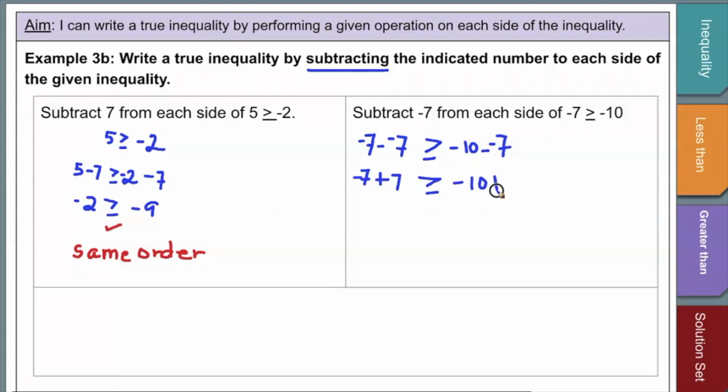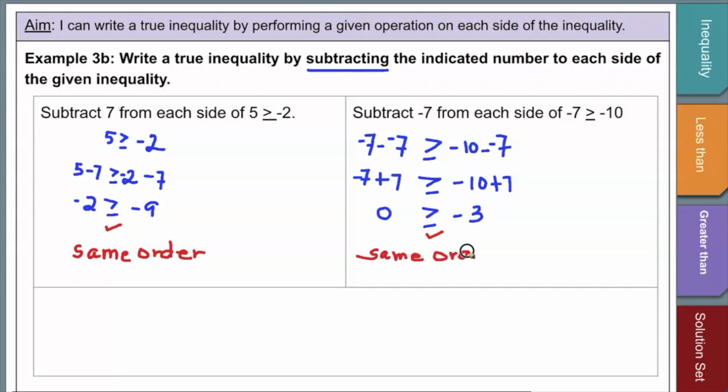Therefore, negative 7 plus 7 gives us 0, greater than or equal to negative 10 plus 7, which equals negative 3. 0 greater than or equal to negative 3 is a true inequality, and it has the same order as negative 7 greater than or equal to negative 10.